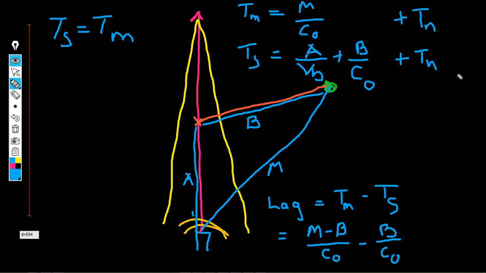So T sub n would go out right away, and you'd end up with m over the speed of sound equal to a over the terms of that.